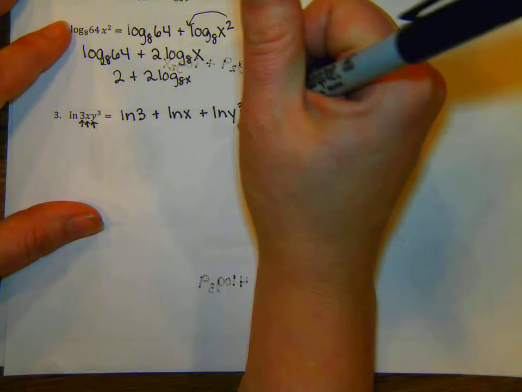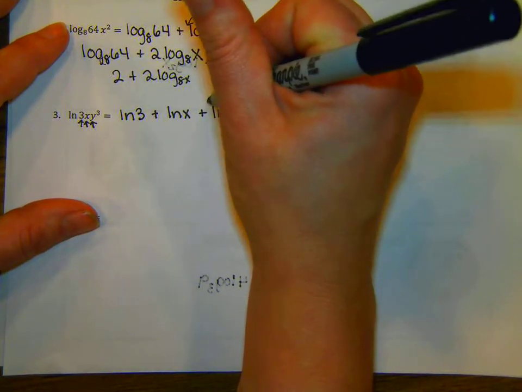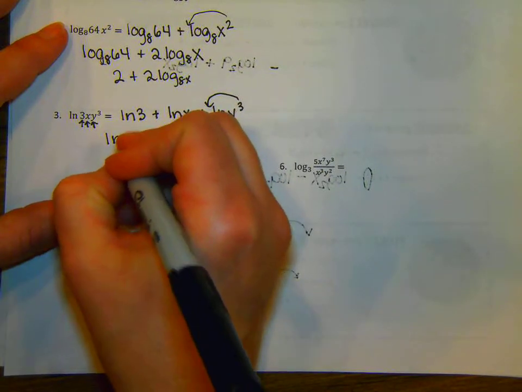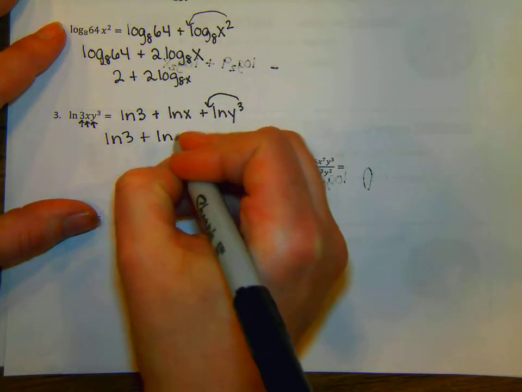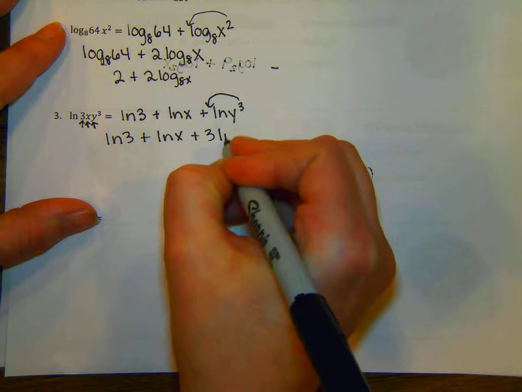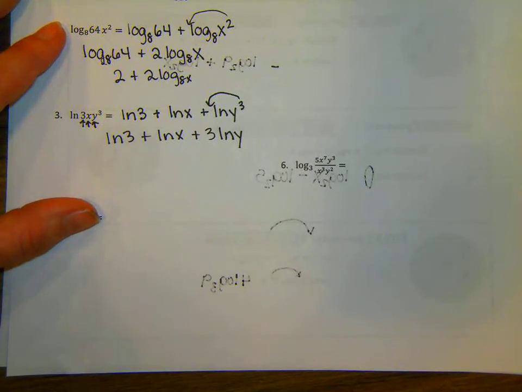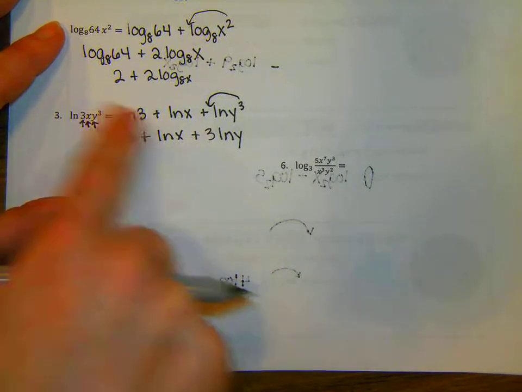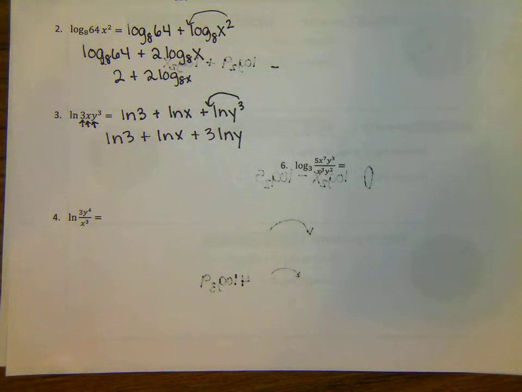Now, from there, this is where you're going to take the exponent and use the power property as your last step and bring it to the front. So ln 3 plus ln x plus 3 ln y. And there's your answer. This is the expanded form. That's the condensed form. They're equivalent expressions when it comes to logs.